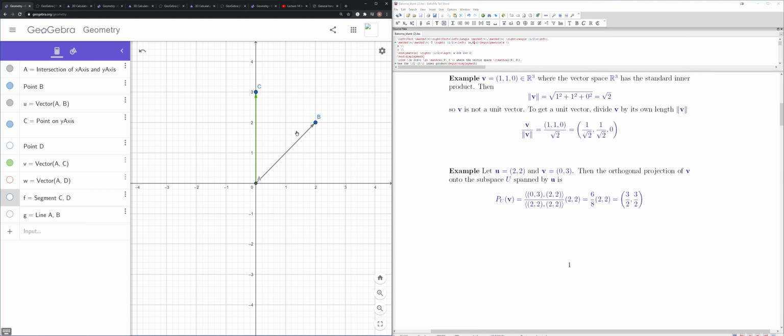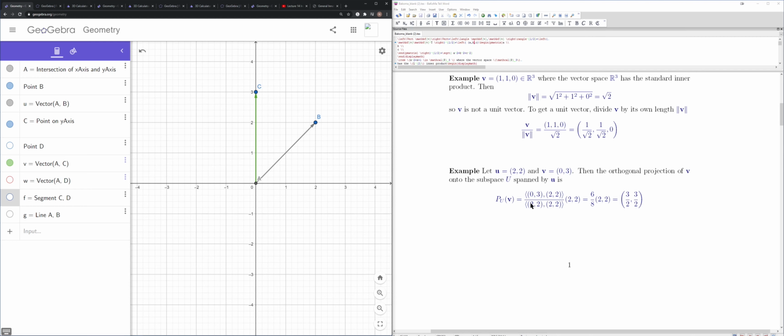So the green one is v, the gray one is u. We work out the inner product of v with u. This is 0 times 2 plus 3 times 2, so I get 0 plus 6, which is the 6 here.